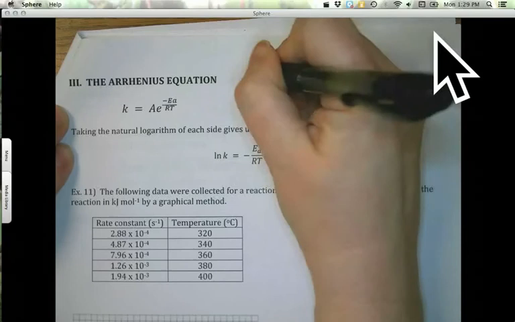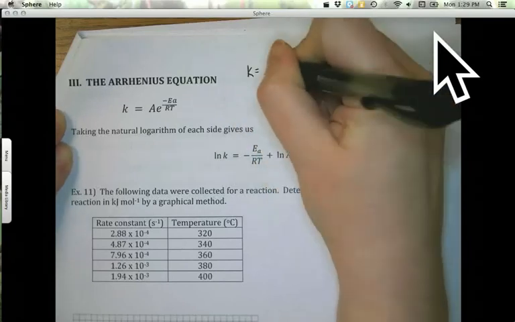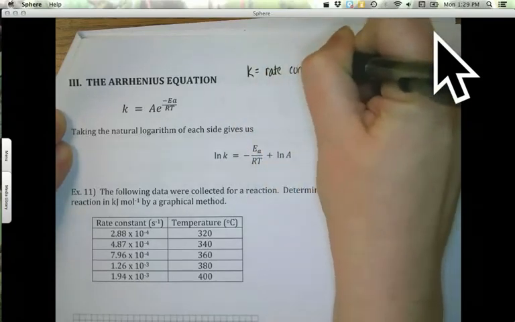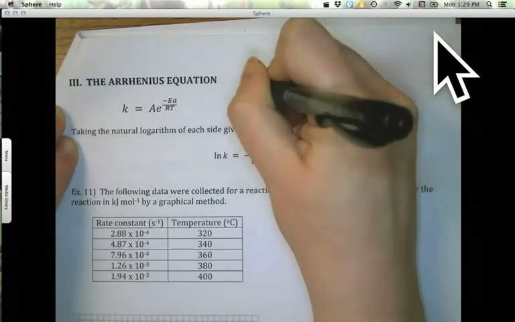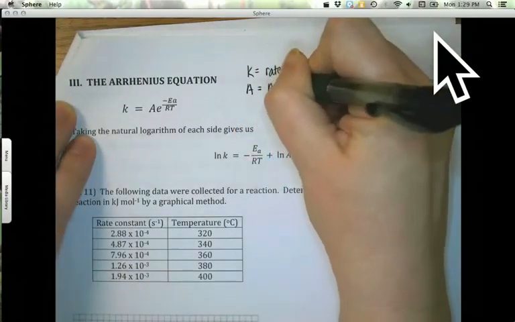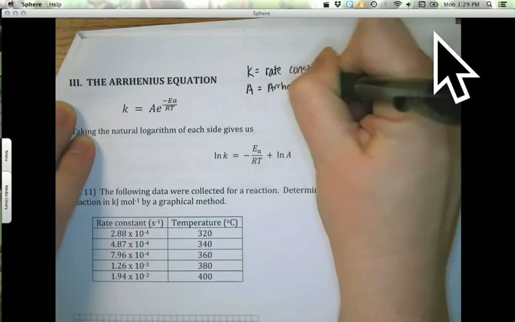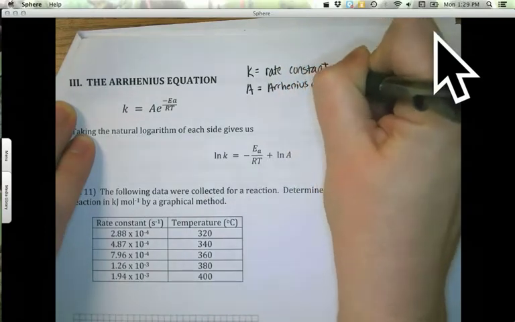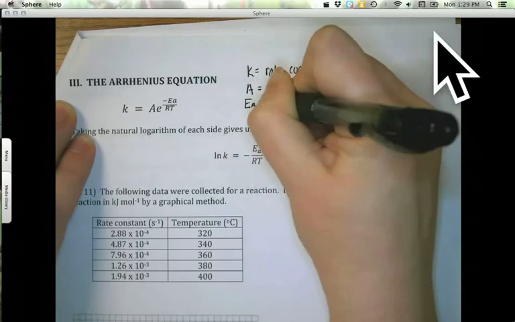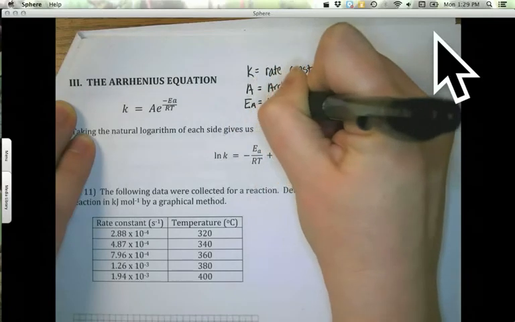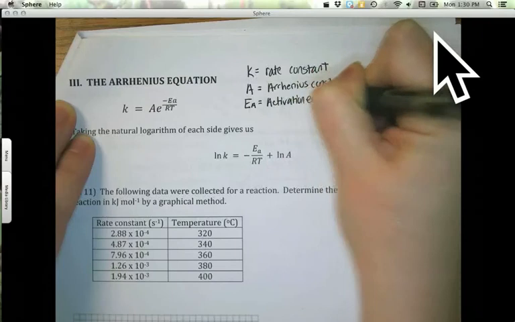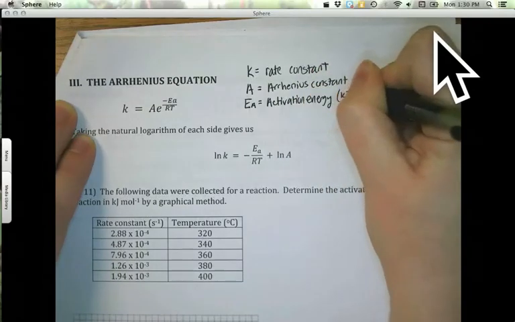To start with, k is your rate constant, what we've been dealing with. A is the Arrhenius constant. This big E with the A subscript is activation energy, which will be in kilojoules per mole.